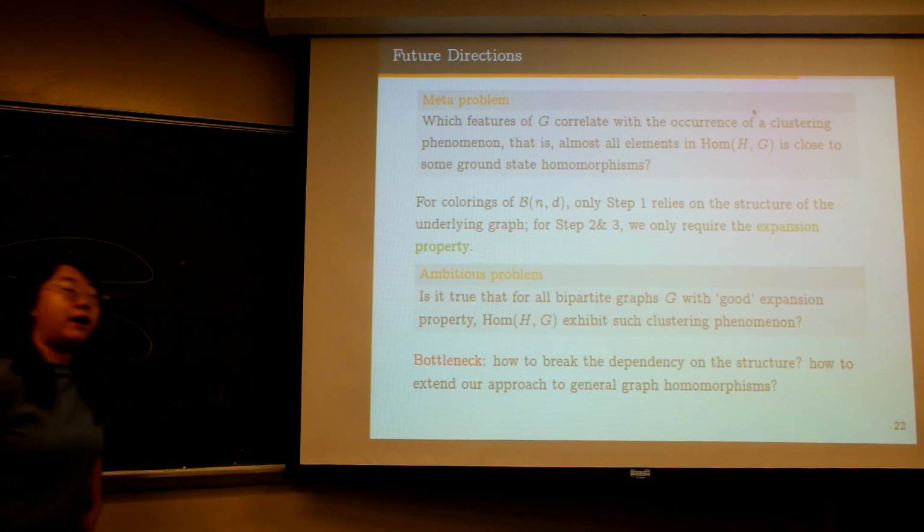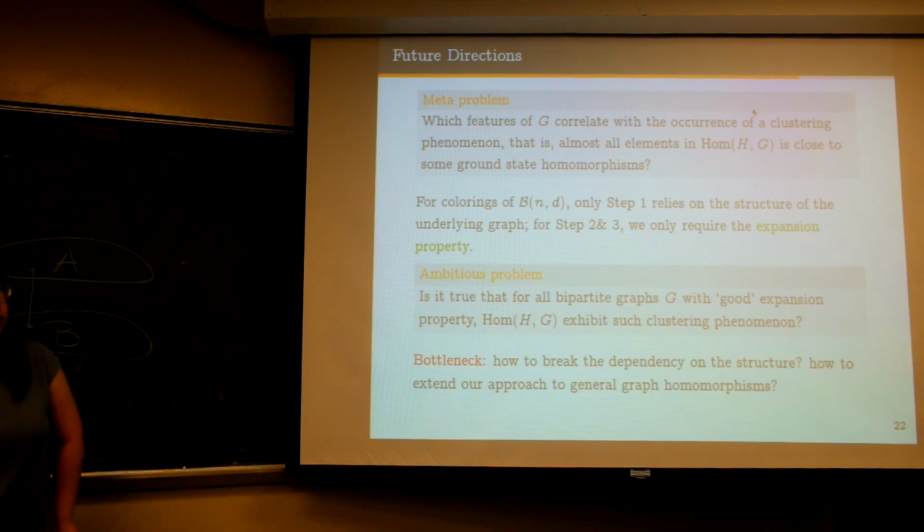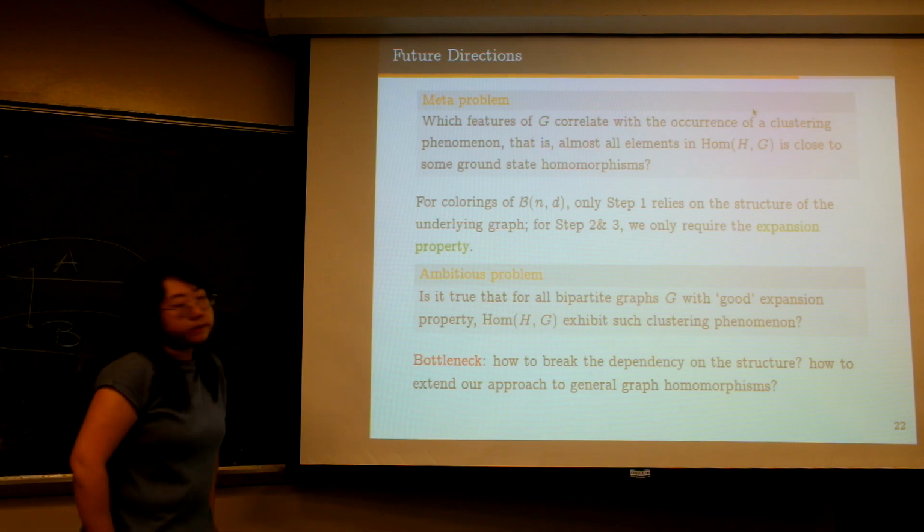I see. Well, one thing is because we require the bipartite graph to have a good expansion property from both sides, I guess that kind of limits it. You cannot be too unbalanced, right? I mean, it depends how we define the expansion property.